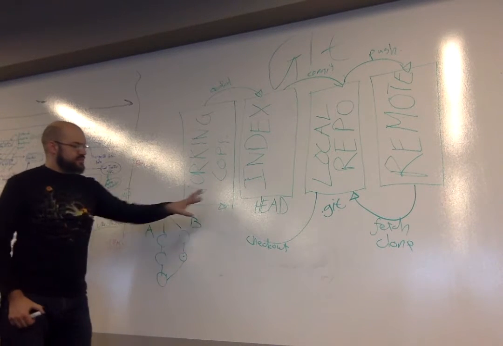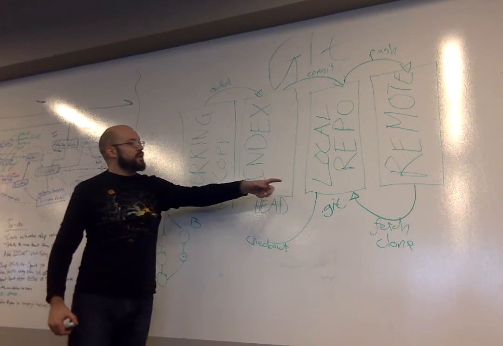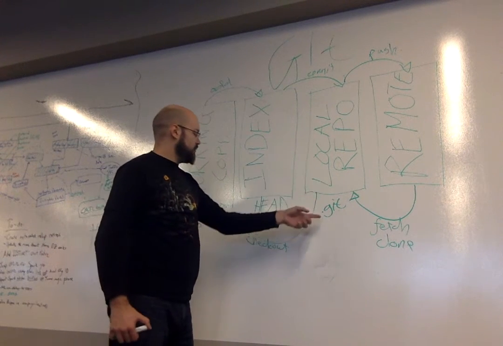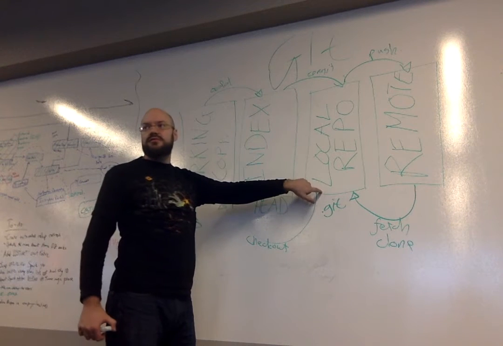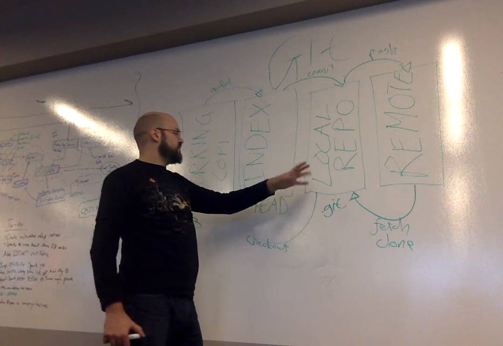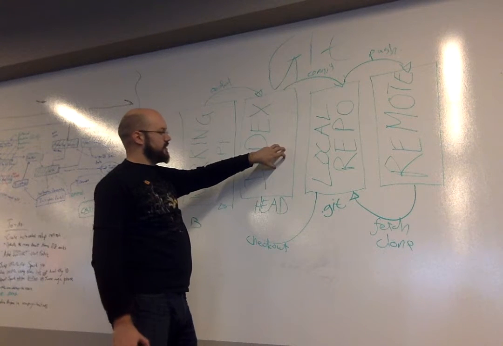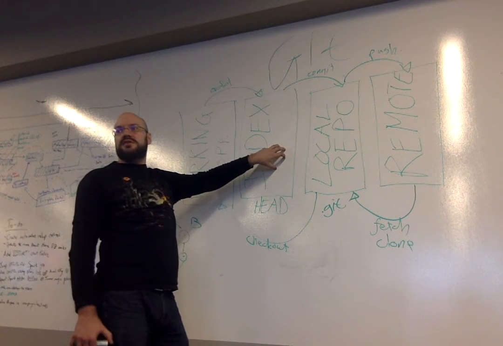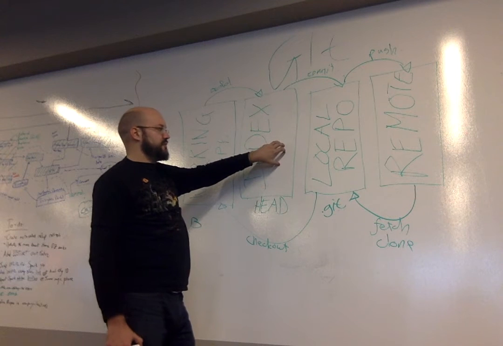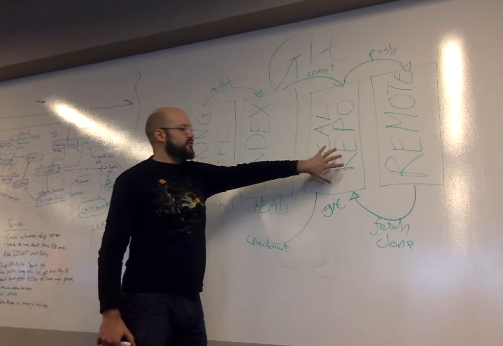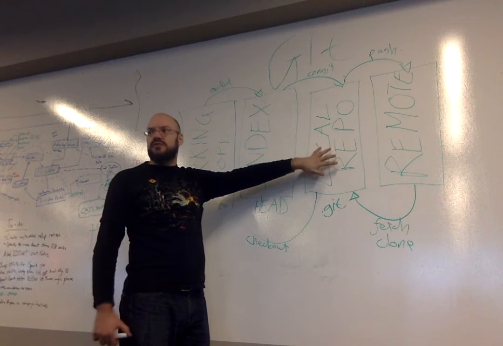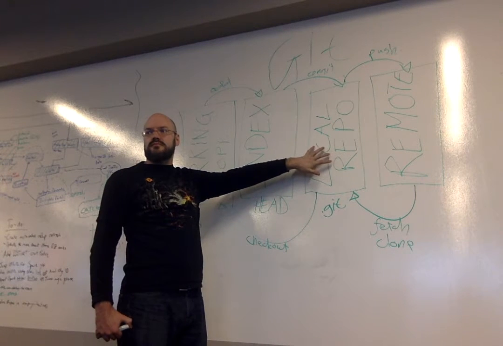So when you do a checkout of a different branch, it changes your working copy. It sets your head pointer to that different branch, and it doesn't do anything to this guy because it doesn't need to.